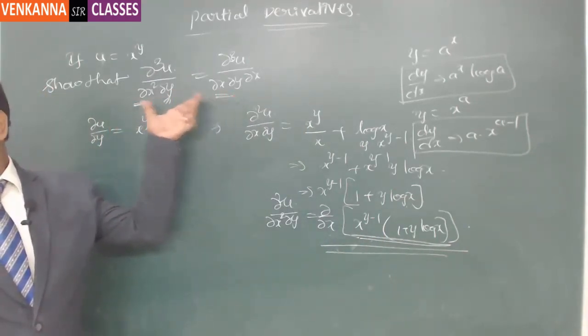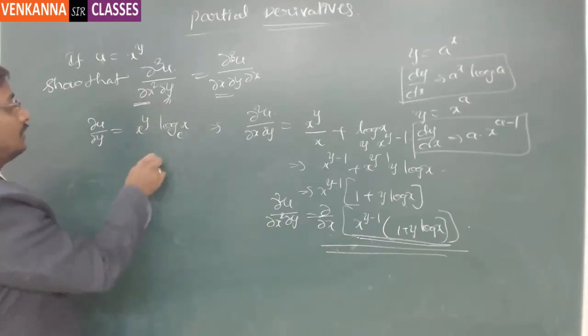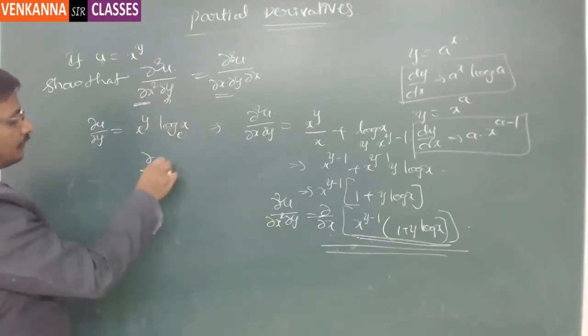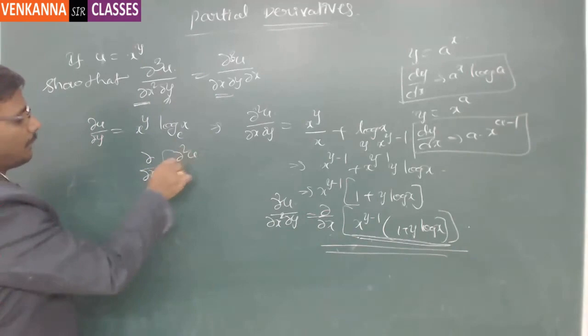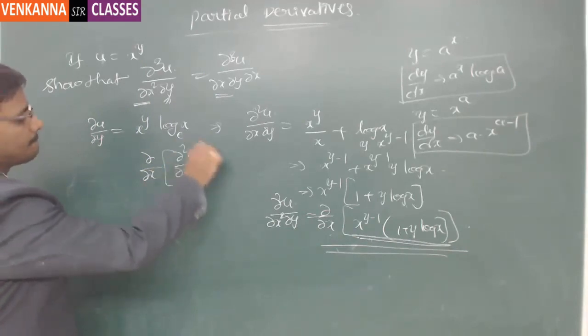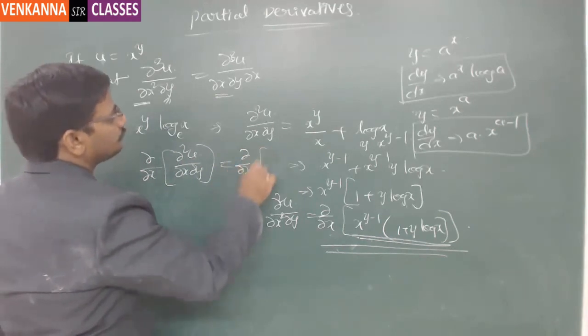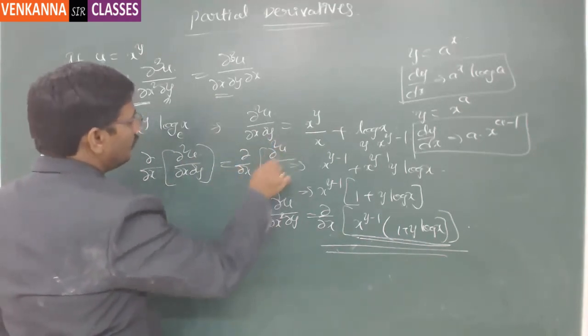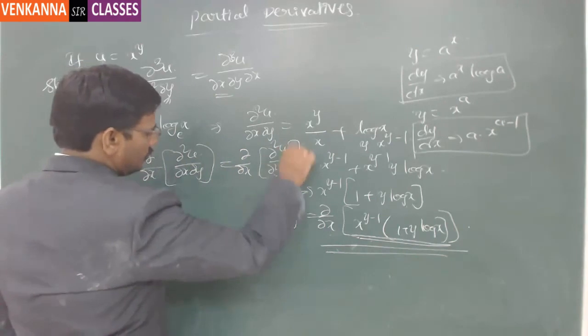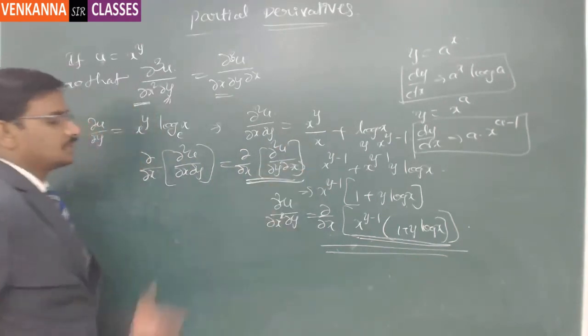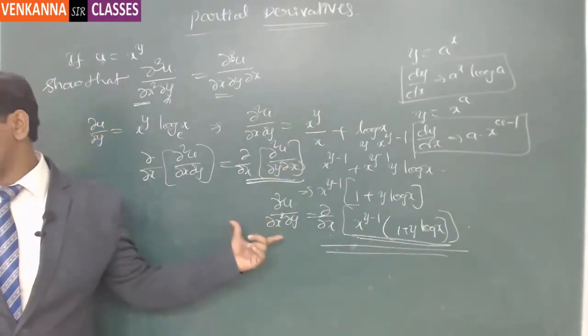Got it or not? So this is as if dou by dou x of dou square u by dou x dou y, and this I can equate as dou by dou x of dou square u by dou y dou x. So this is how you can prove that. This is the principle we are going to use here.